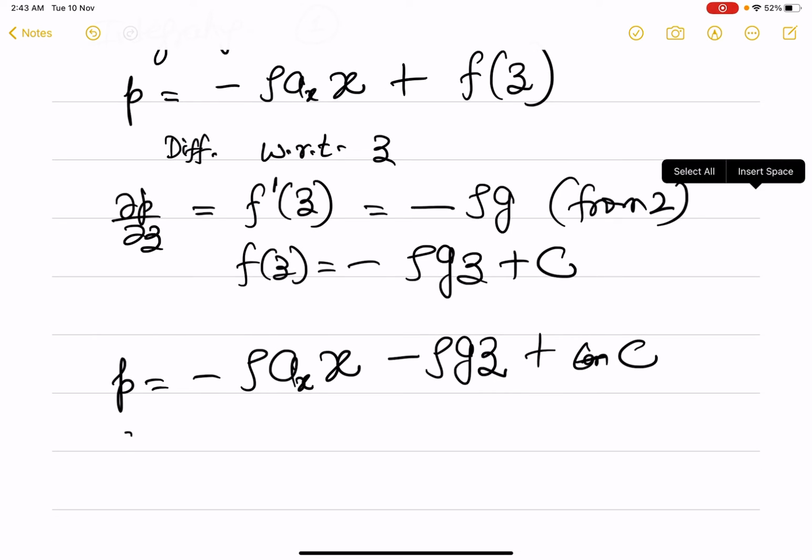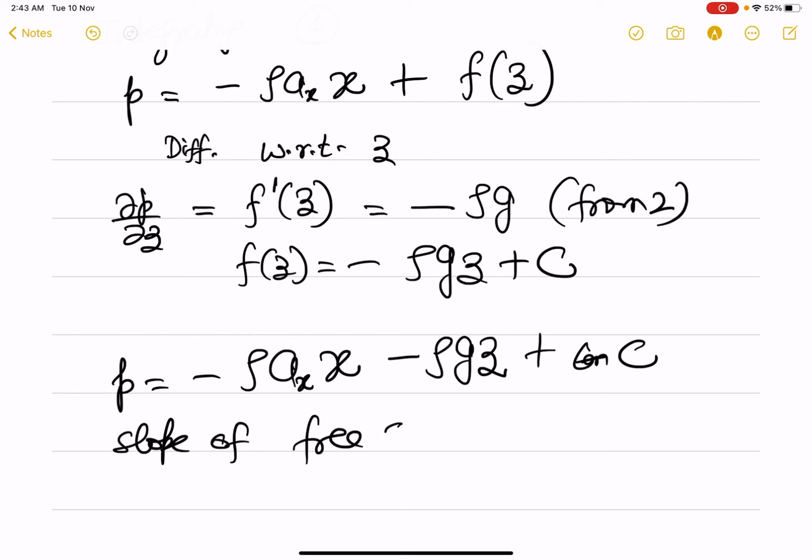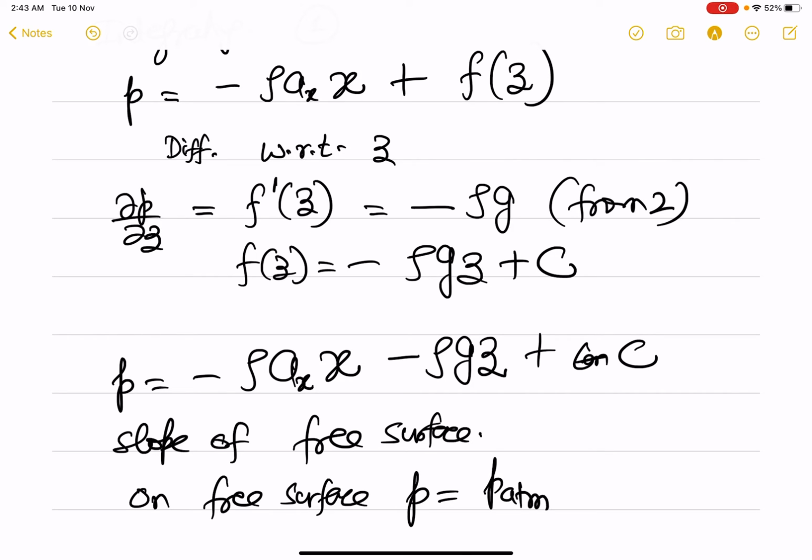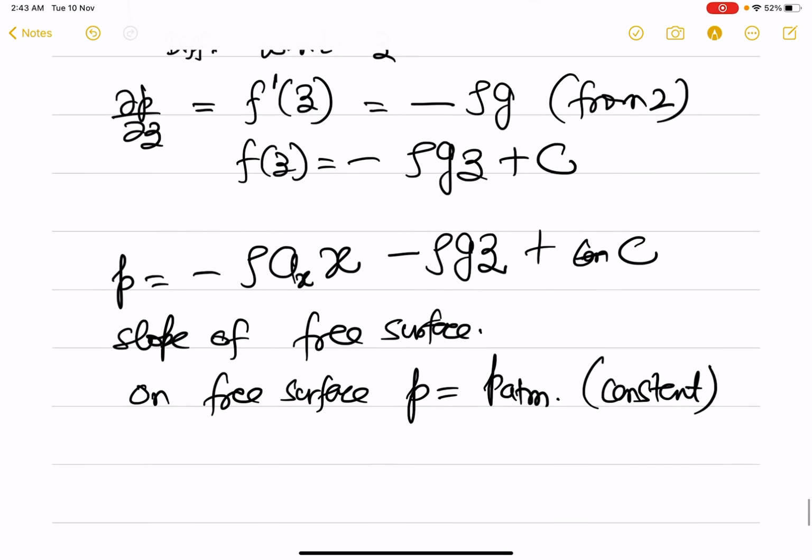Now to find the slope of the free surface. On the free surface, P is equal to P atmosphere, which is constant. That is what defines a free surface.